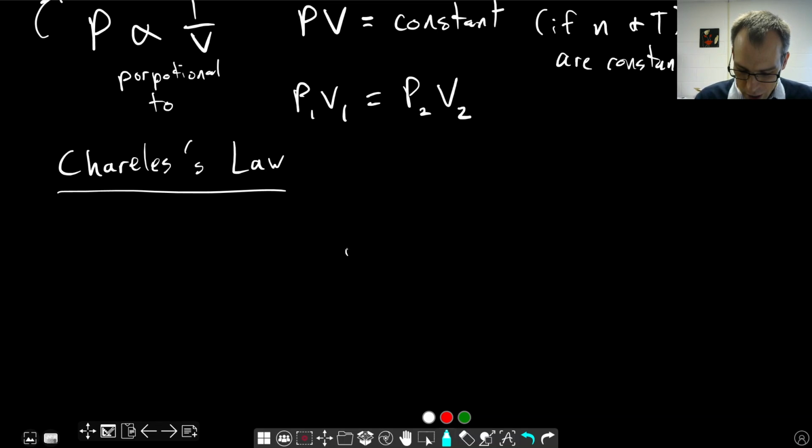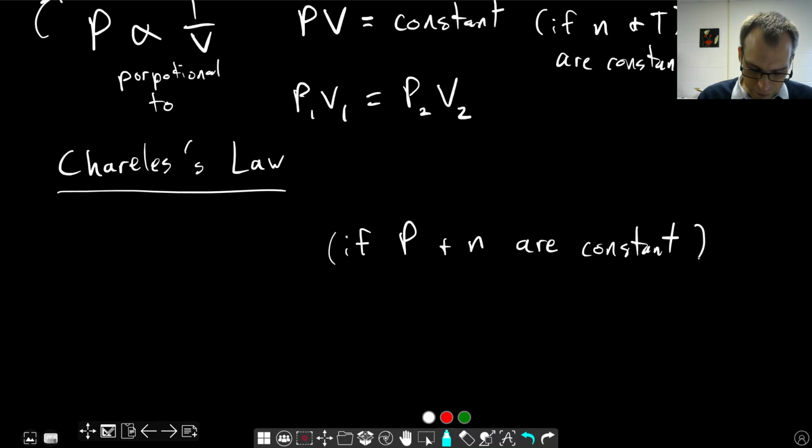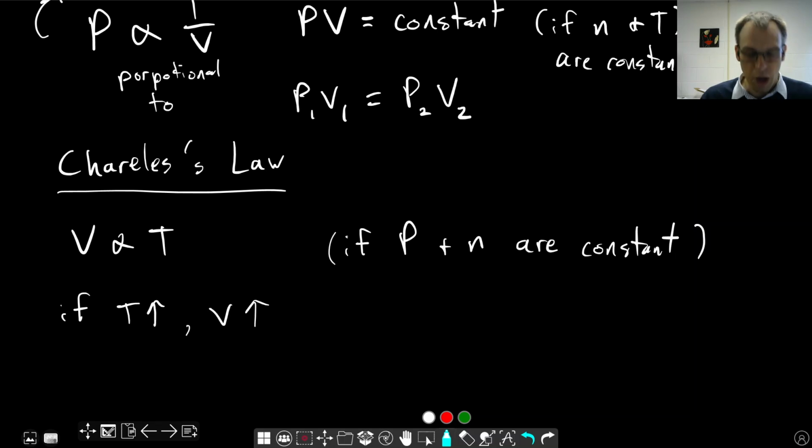So if the pressure is constant and the number of moles of gas, then what Charles measured was that if you increase the temperature, you increase the volume. So if T increases, V increases. So they go up together. They go up and down together. Or if T decreases, V decreases.